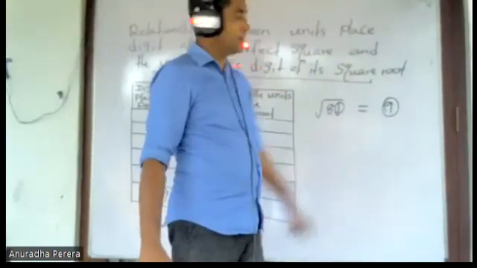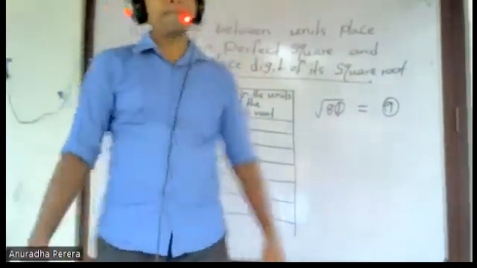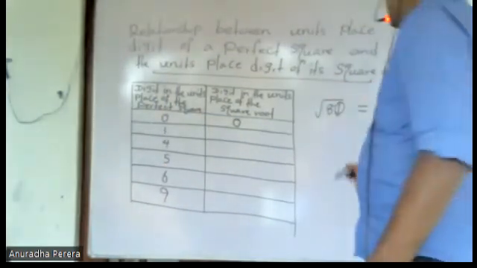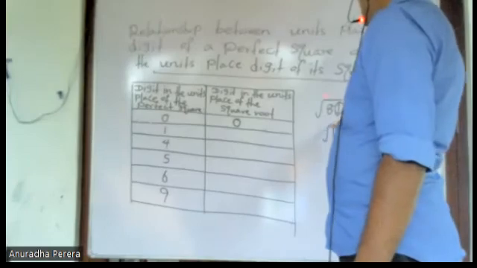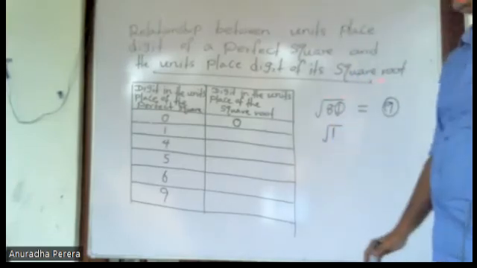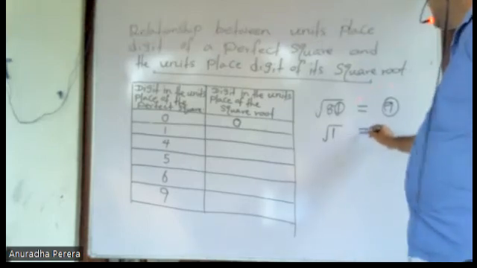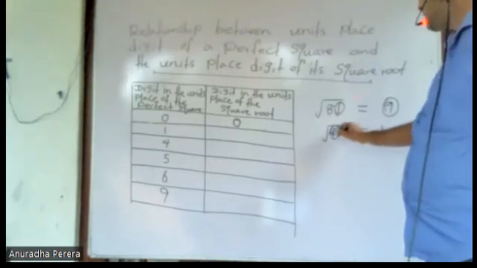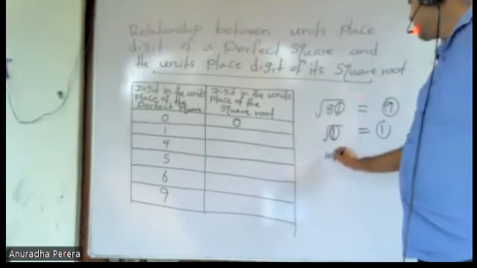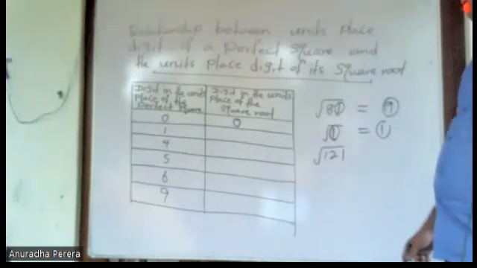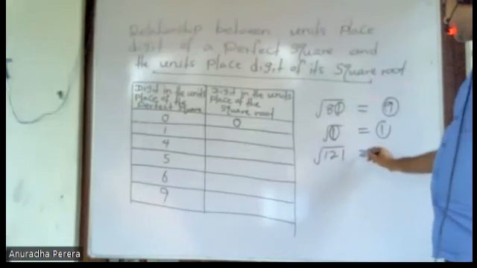Here 9 has come. Let's look at one more. 1 is also a perfect square. What is the square root of 1? 1. Then when this one is 1, 121. What is the square root of 121? 11.